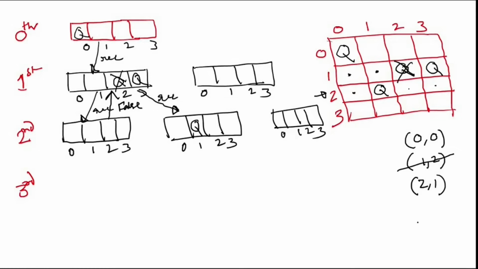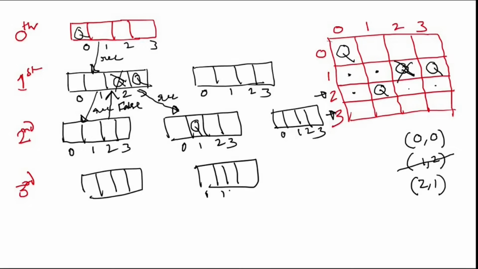Now the third queen you are going to place, that means the fourth queen you are going to place. So the fourth queen, there is no harm in trying this. Now the fourth queen you cannot place anywhere. So the recursive call will be there, but it will be in vain.